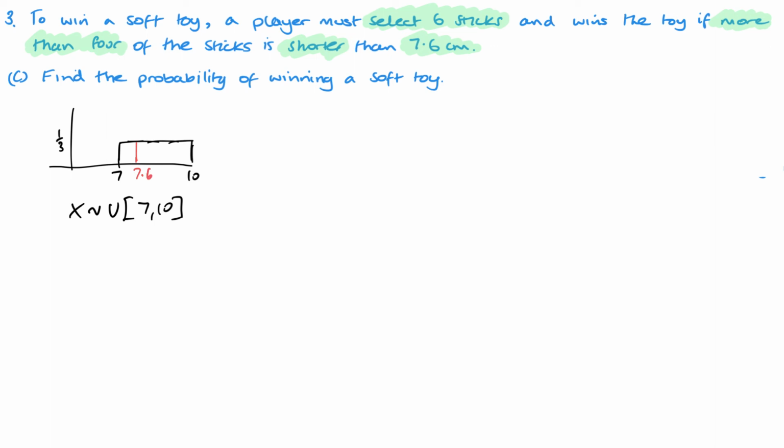Find the probability of being shorter than 7.6. So the probability where x is less than 7.6, well, that's going to be 0.6 times 1/3. Oh, that's nice, 0.2.